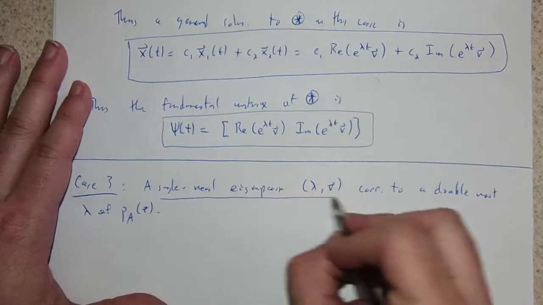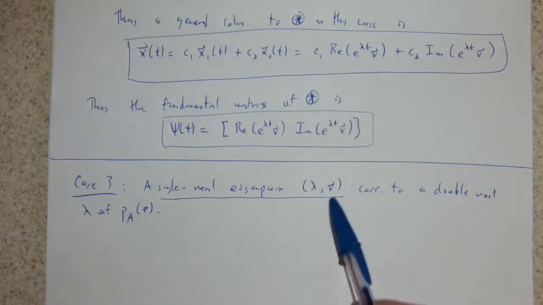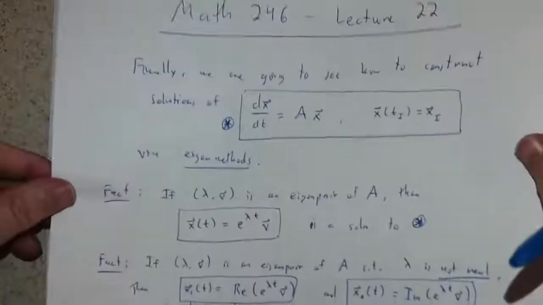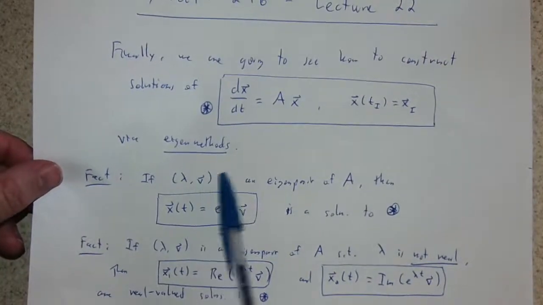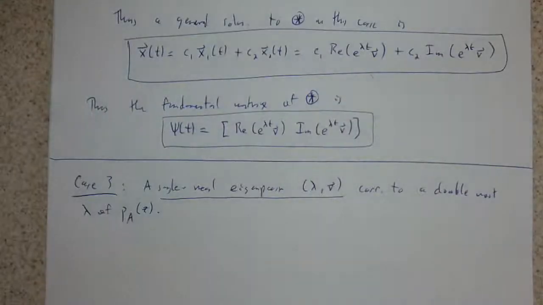Now, the fact that this is a single real eigenpair is the issue here. Okay, so why is this an issue? Because I already know from this very first fact that I wrote down on the first page from today, that if you have an eigenpair of A whatsoever, this is a solution to star. So I already have one solution.